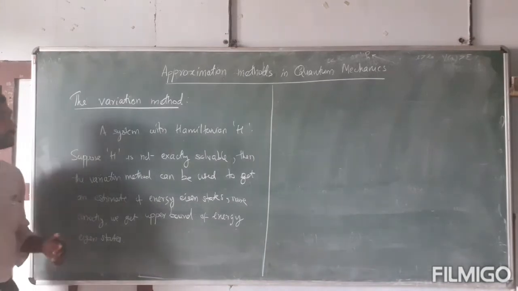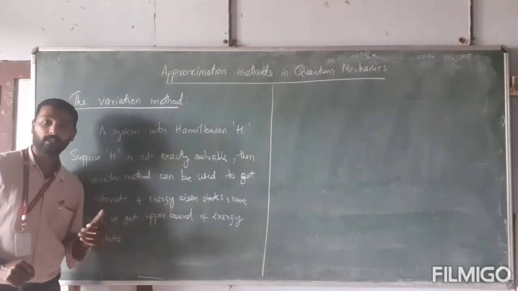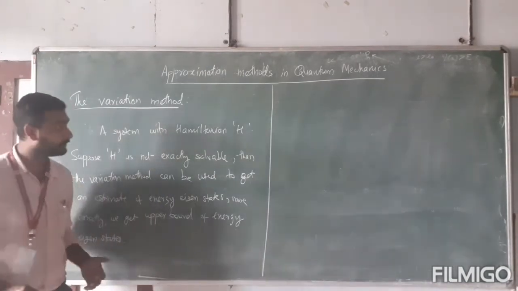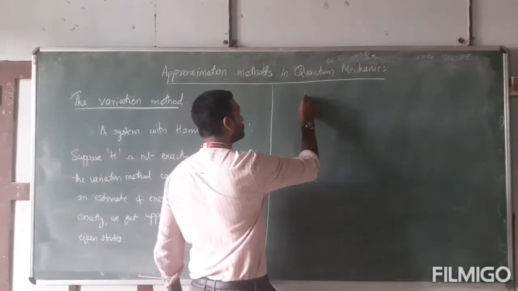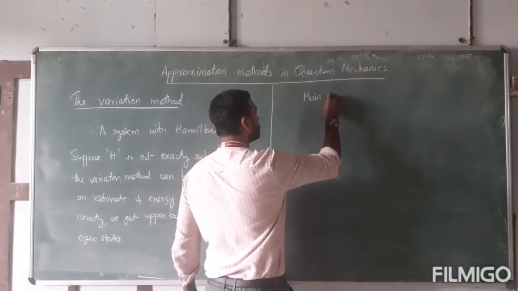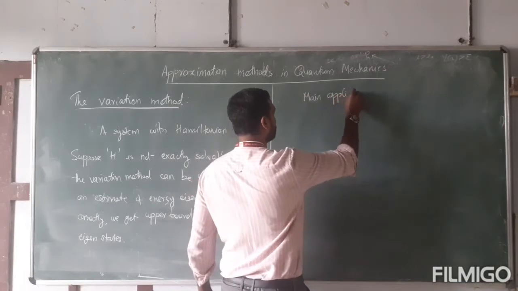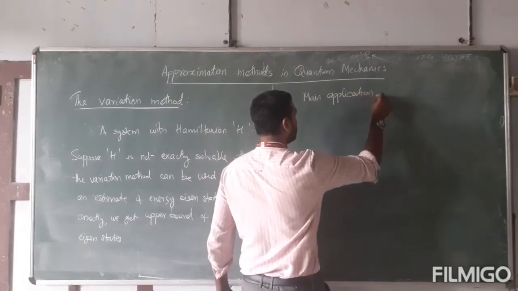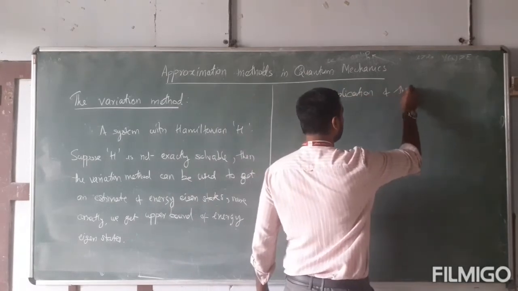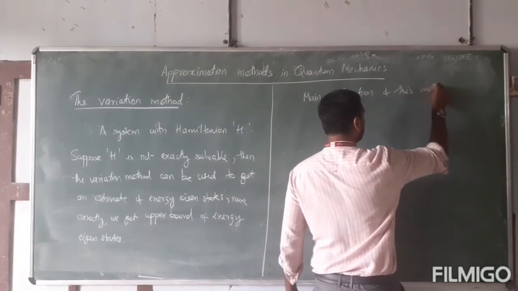Now the main use of this variation method is to find the upper bound of the ground state energy.